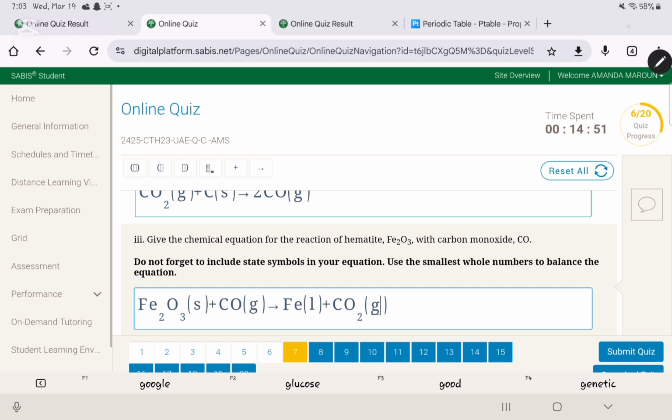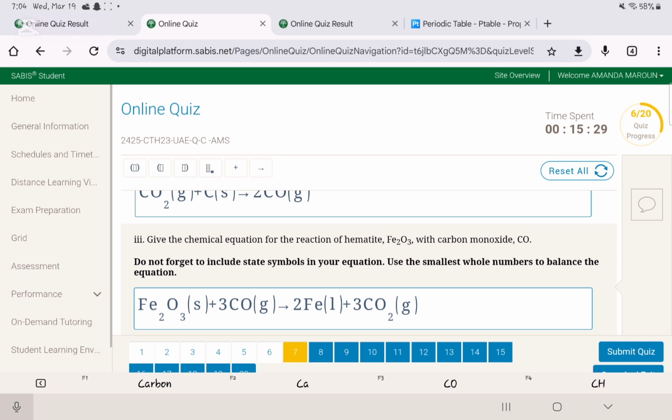So, to balance it, we will need to put a 3 in front of the carbon monoxide, a 2 in front of the Fe liquid, and a 3 in front of the CO2 gas. So you will balance it. Of course, you should balance it on a paper. But do not forget that it's Fe2O3, the iron ore, which is always solid, in addition to the gas, which is carbon monoxide gas.